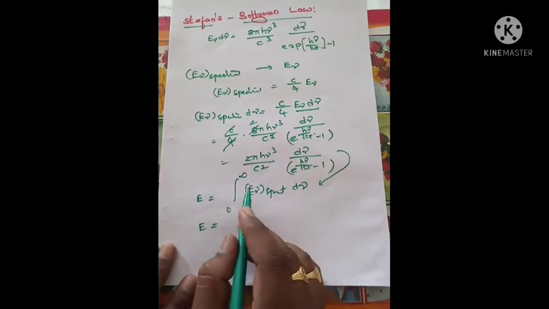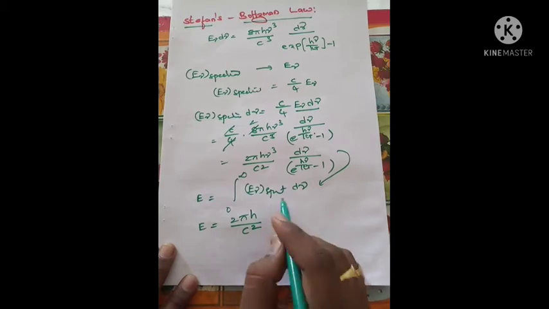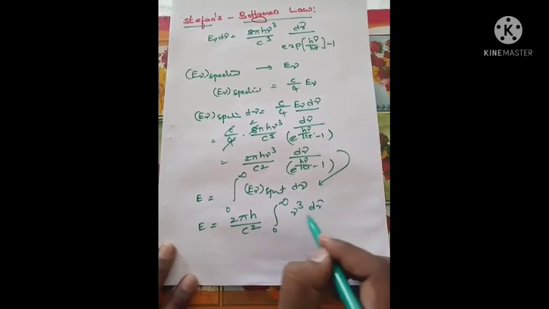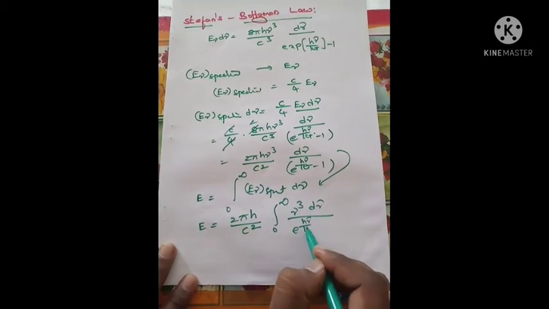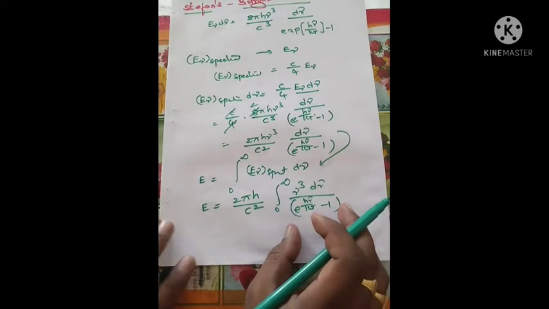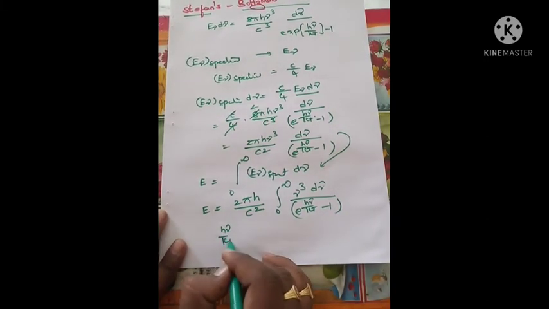This whole thing is constant, so outside we get 2 pi h by c square and integral 0 to infinity nu cube d nu by e to the power of h nu by kT minus 1.